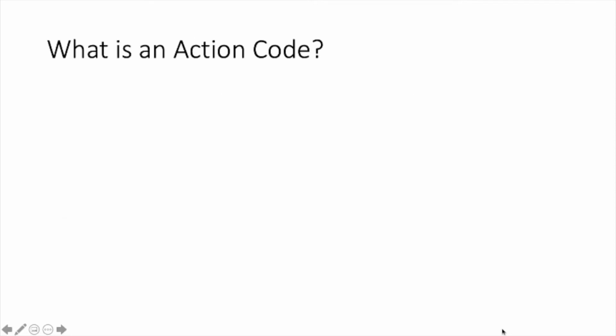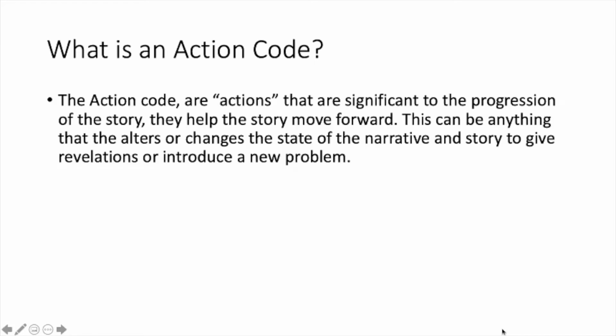Okay, so this week's topic, action codes and Enigma codes, we are going to start with action codes. So what is an action code? So, action codes, surprisingly, are actions that are significant to the progression of the story. Essentially, these action codes help the story move forward, okay?